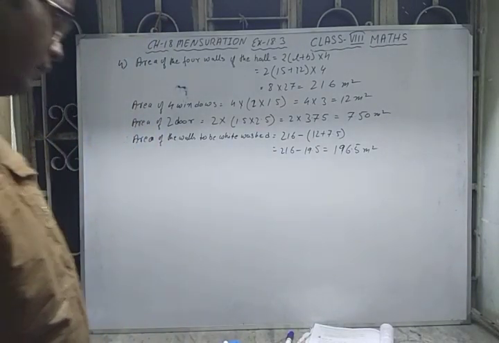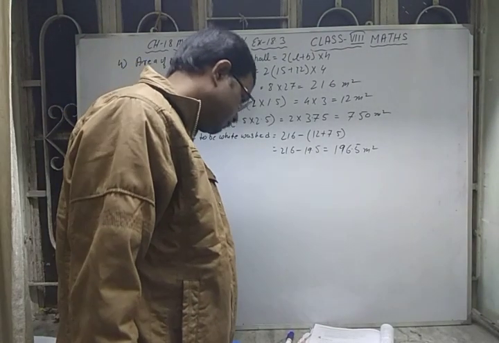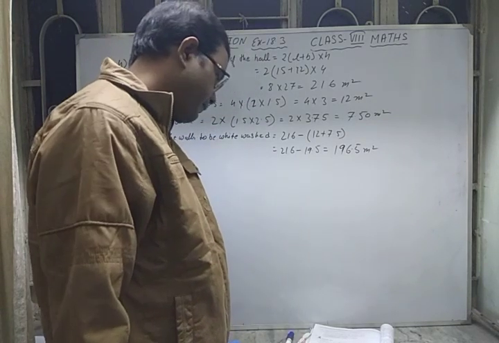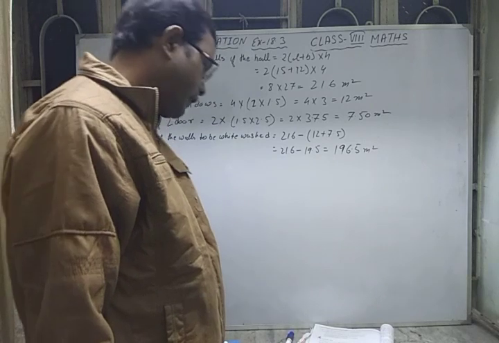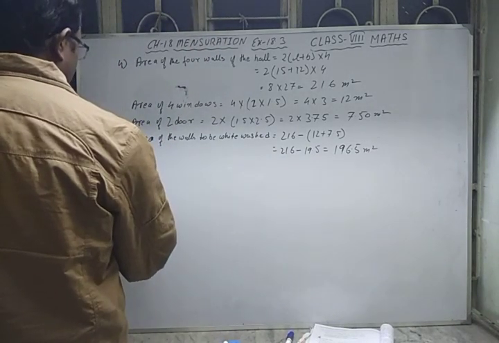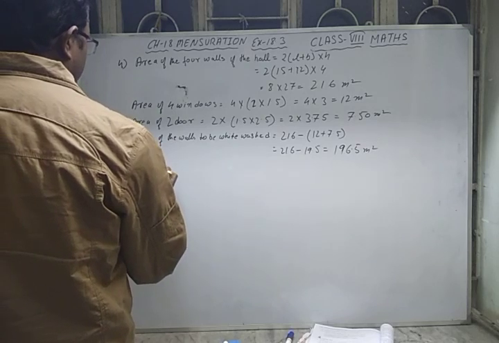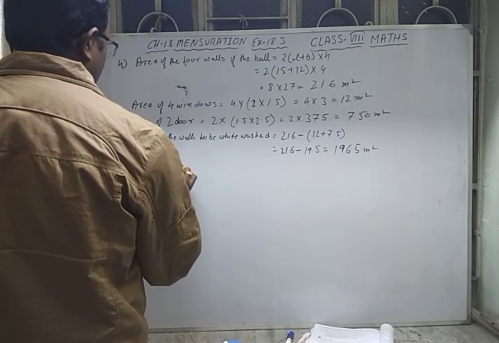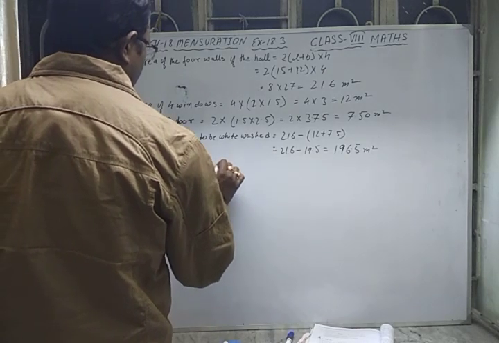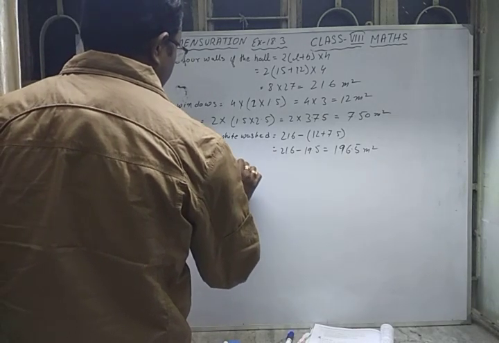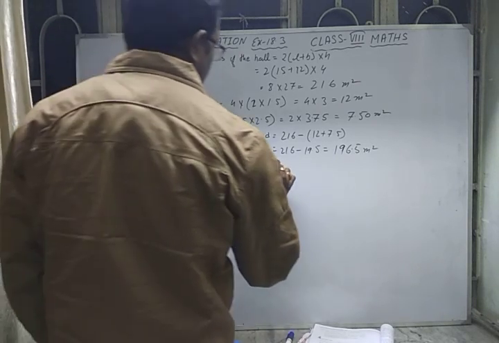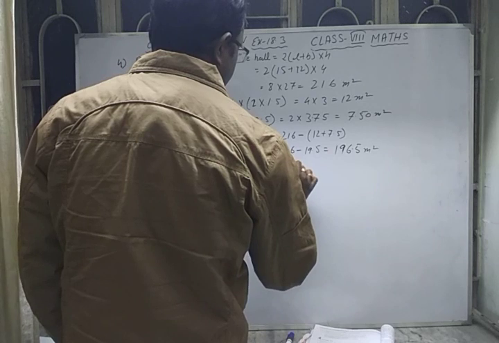Okay. Now you have to find the cost of the whitewashing at the rate of 5 rupees per meter square. So the cost of whitewashing at the rate of rupees 5 per meter square is equal to 5 into 196.5.